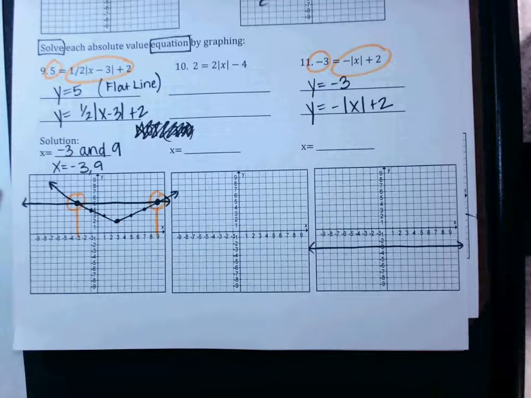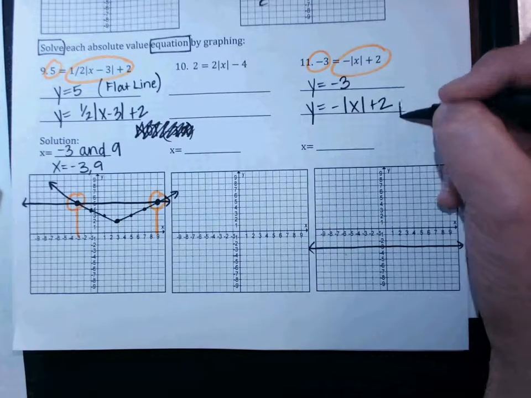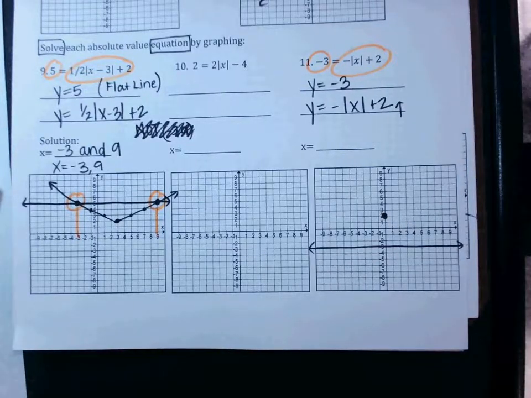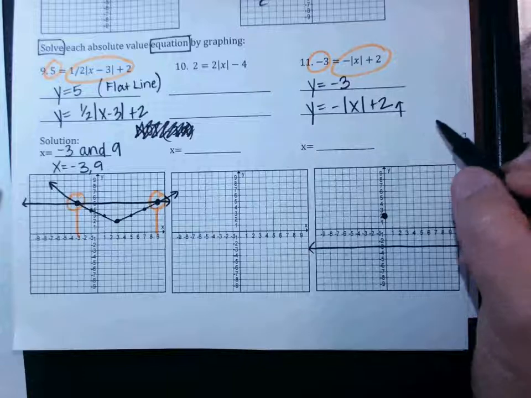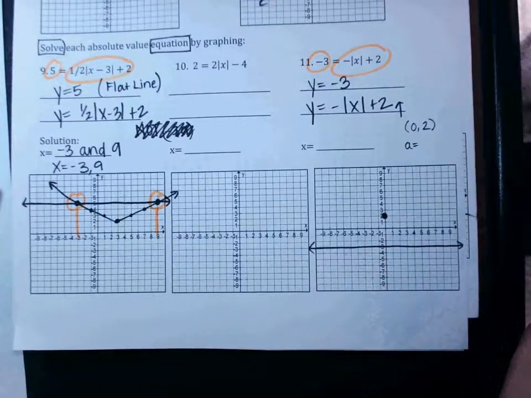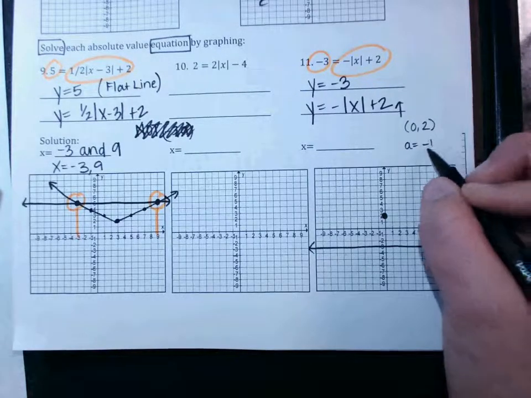Now for my V, there is not a number with x. That means I don't move it side to side. I only go which way if there's a plus 2 at the back. Up 2. So it'd be up 2 right here. You could also think about that's like a 0, 2 for your vertex. And then what is my slope if nothing's out there? -1 over 1. Good.